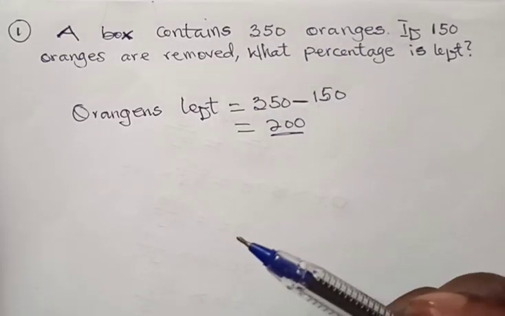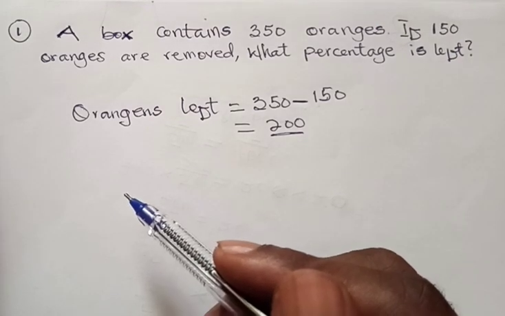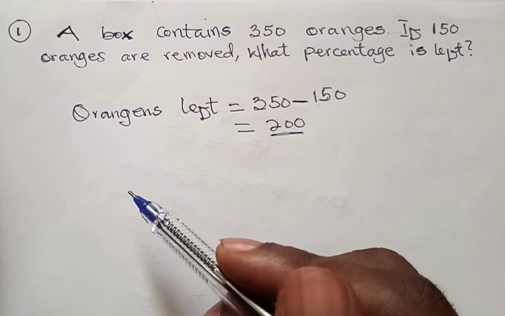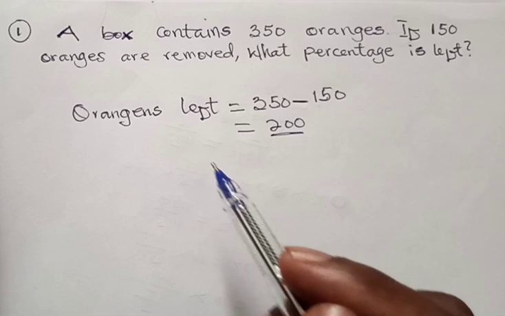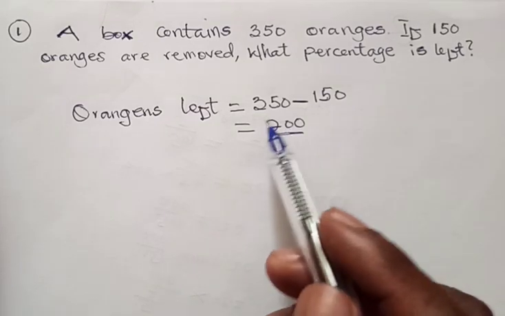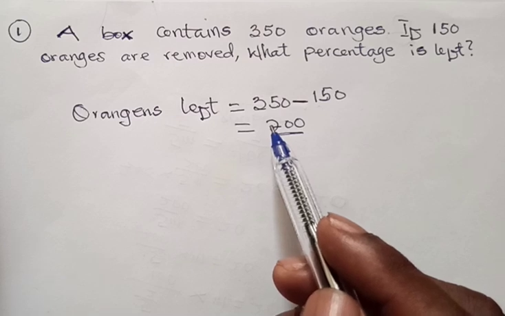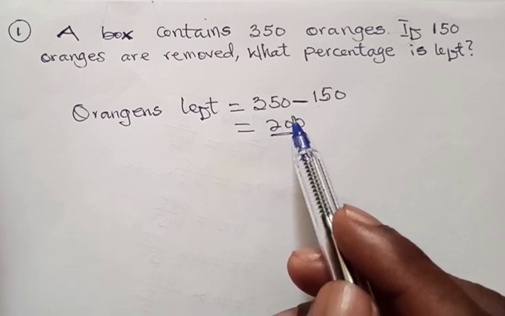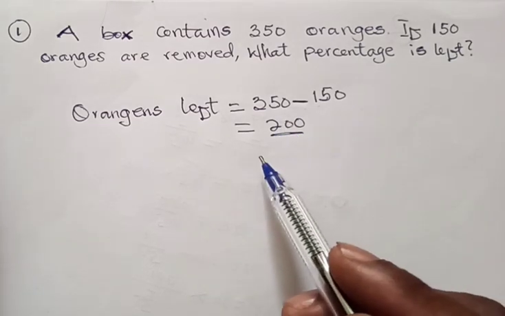And remember, in our previous lesson, when you're asked to express a quantity as percentage of another, what you do is you express the fraction of that particular quantity as the total, and then you multiply by 100%.